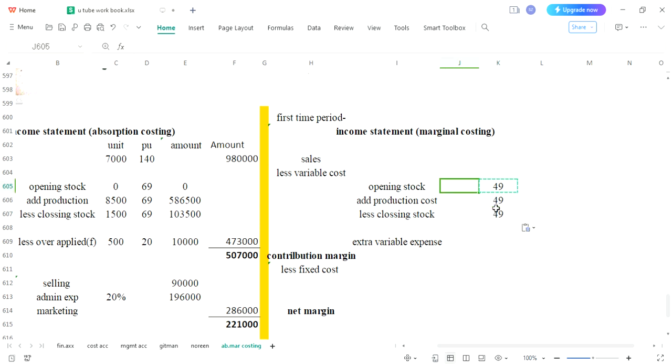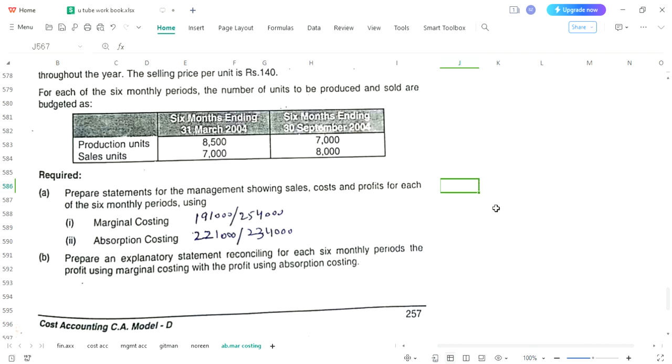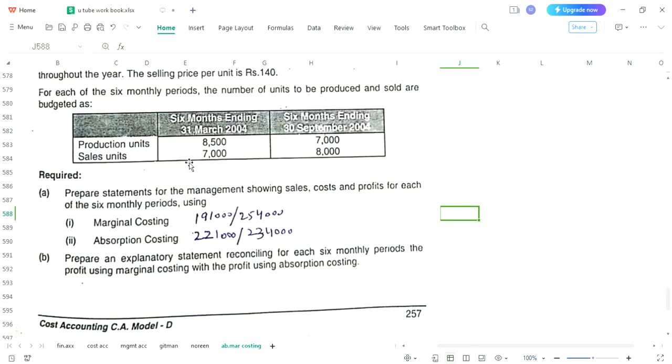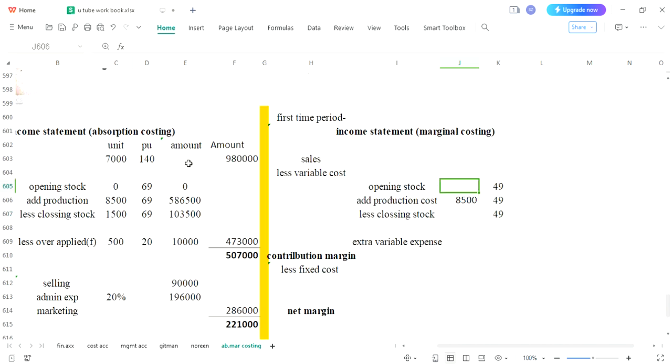Problem sorted out. Now go back to the question and see, for the first part you have produced unit 8500. You can write 8500 in front of production, and sold units are 7000. In front of sale you can put 7000, and you have an idea here.